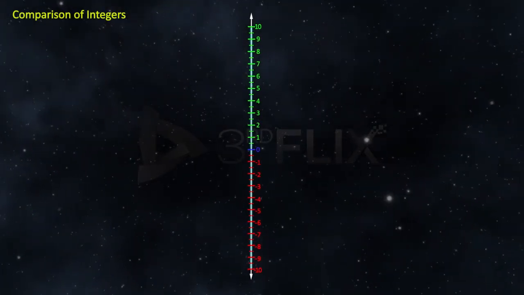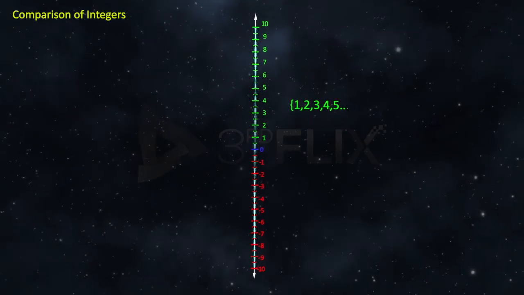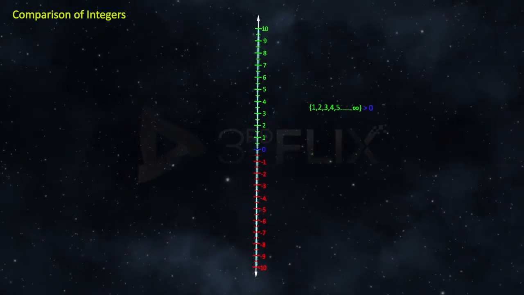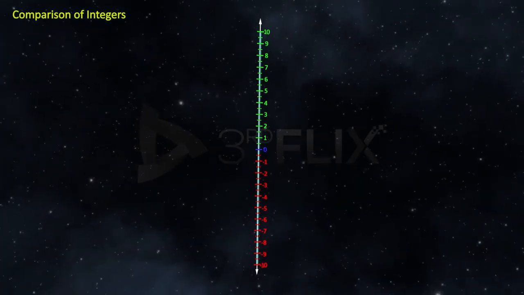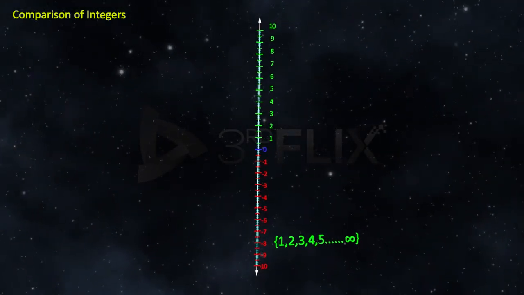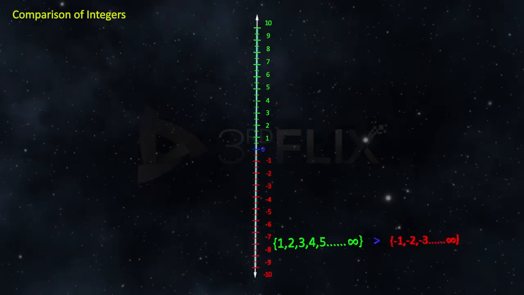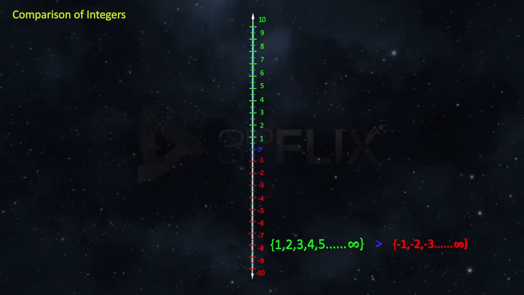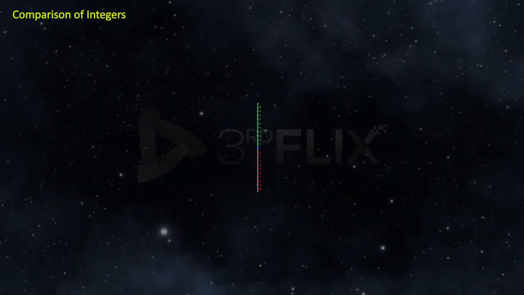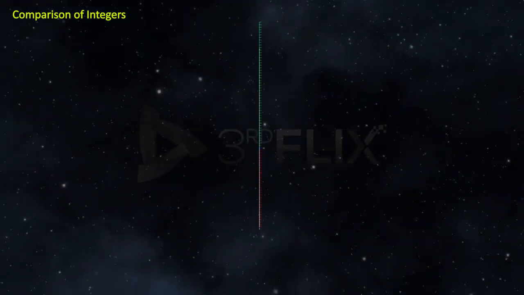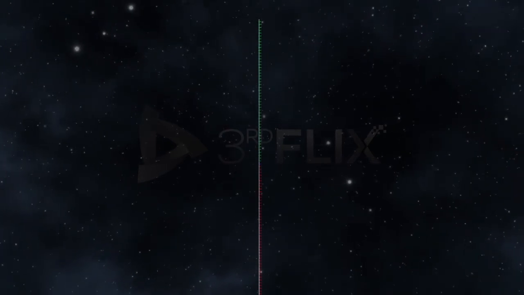Comparison of integers. All positive integers are greater than 0. All negative integers are less than 0. Positive integers are greater than negative integers. For positive integers, the number with a greater numerical value is greater.